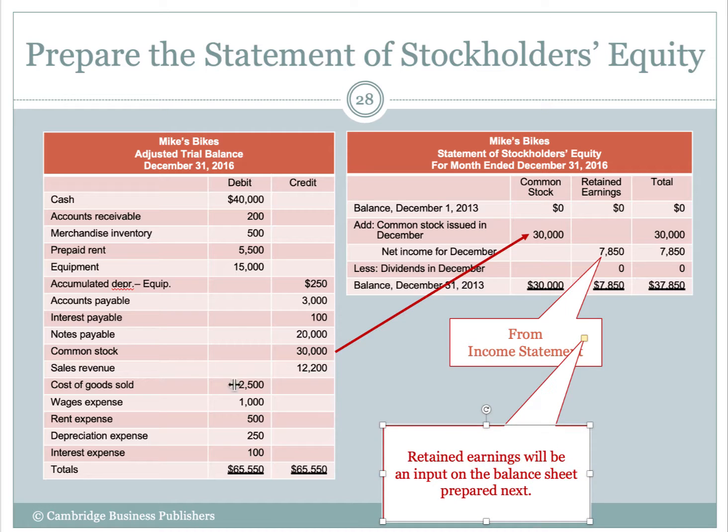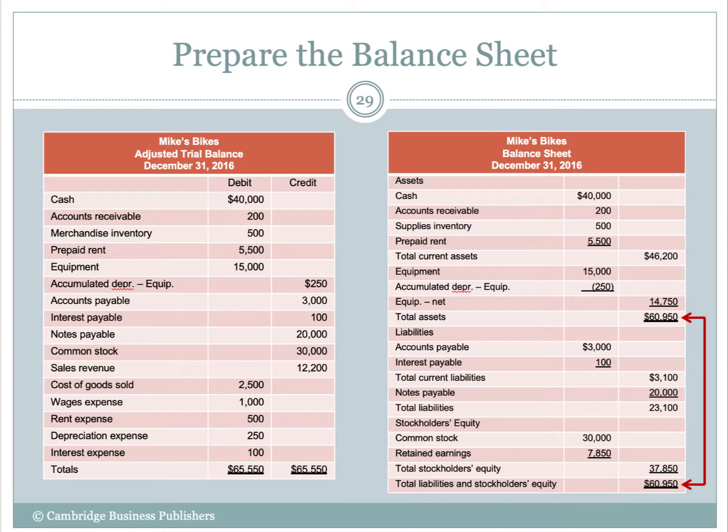Okay. So let's look at the balance sheet, right? So the balance sheet, what is the balance sheet? Well, first of all, the balance sheet demonstrates the accounting equation. So remember from chapter 1, we learned the accounting equation. Assets equal liabilities plus owner's equity, right? And that's what the balance sheet does.